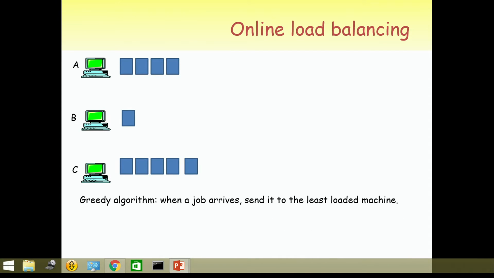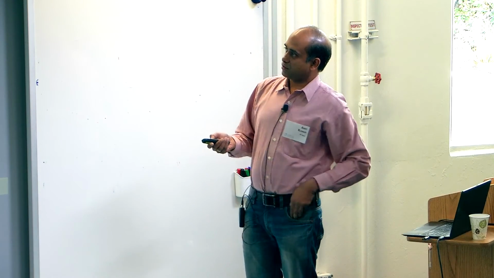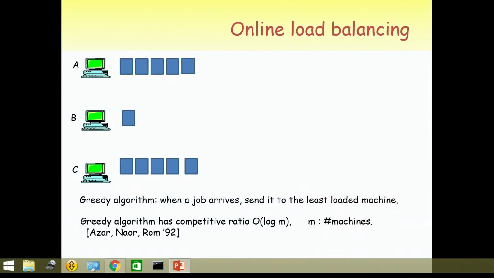We know that the greedy algorithm, which says that when a job arrives, look at all the machines it can go on and assign it to the least loaded machine, is a natural algorithm. So let's say here it goes to that machine. We know that this algorithm is log m competitive, where m is the number of machines, and in fact this is also the best possible one can do.